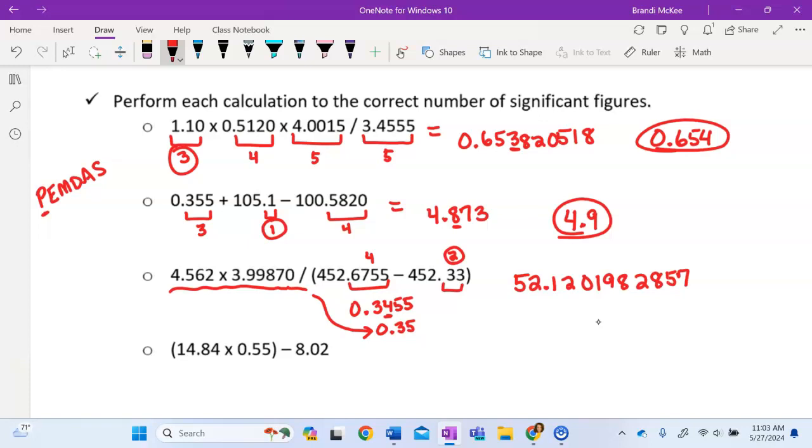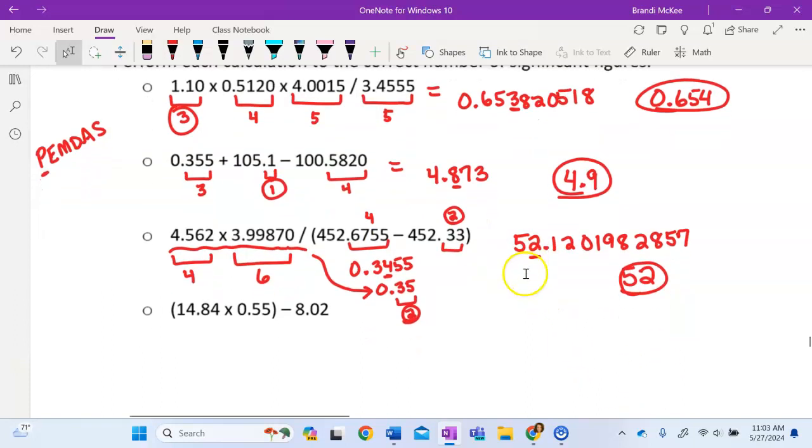So 4.562, that's 4 significant figures. 3.99870, that's 6 significant figures. And my 0.35 is only 2. So I'm limited to 2. That's going to be a whole number. Since it's a 0.1 after it, we just truncate or drop all the other numbers and make it 52.